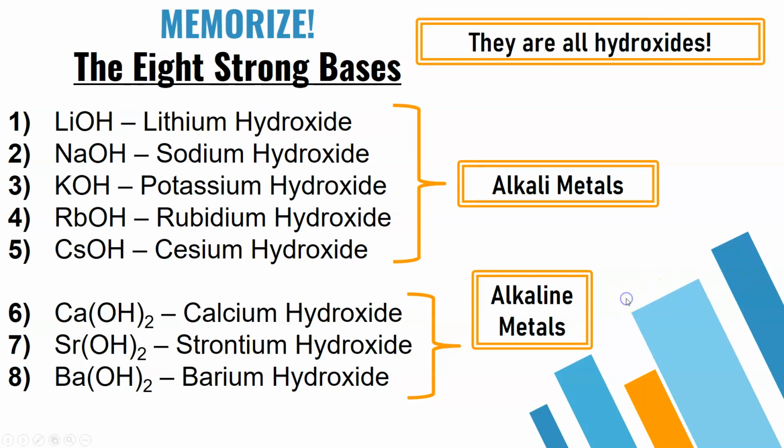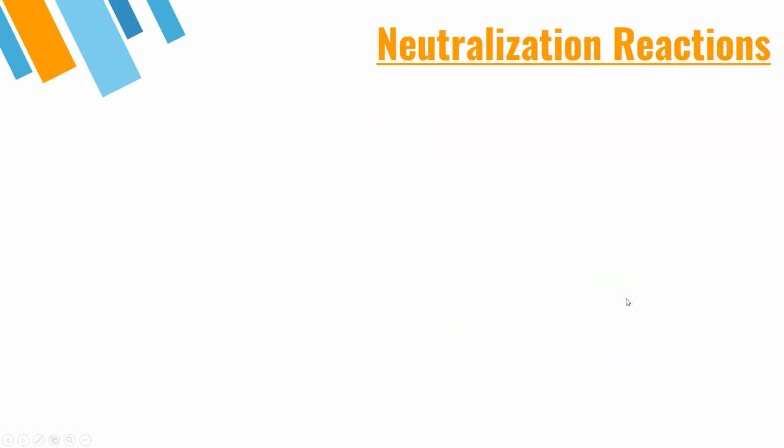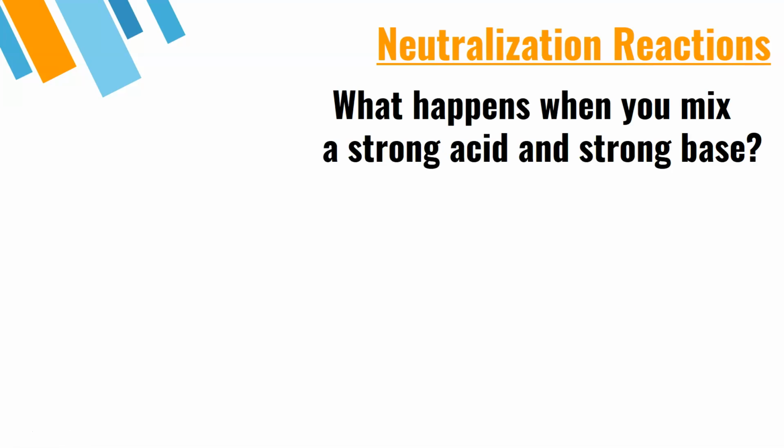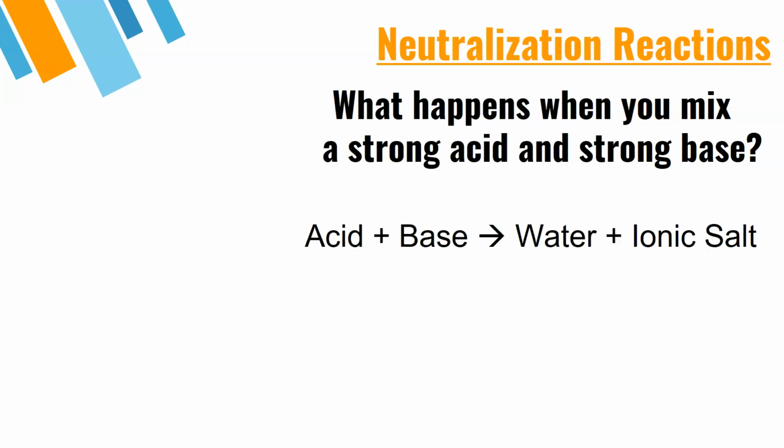All right, sometimes you may hear the term neutralization reaction. A neutralization reaction is what happens when you mix a strong acid and a strong base. They neutralize. You're going to get water as a product and you're going to get a salt. Not necessarily table salt, not necessarily sodium chloride, but you will get a type of salt, an ionic salt.